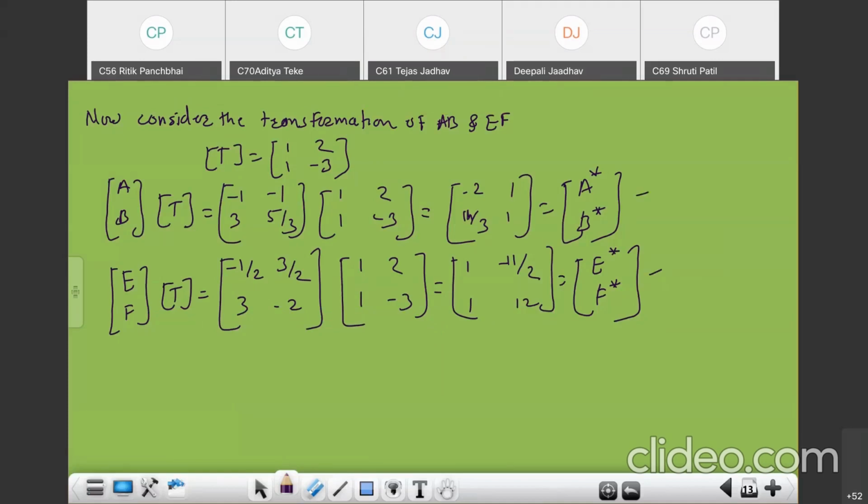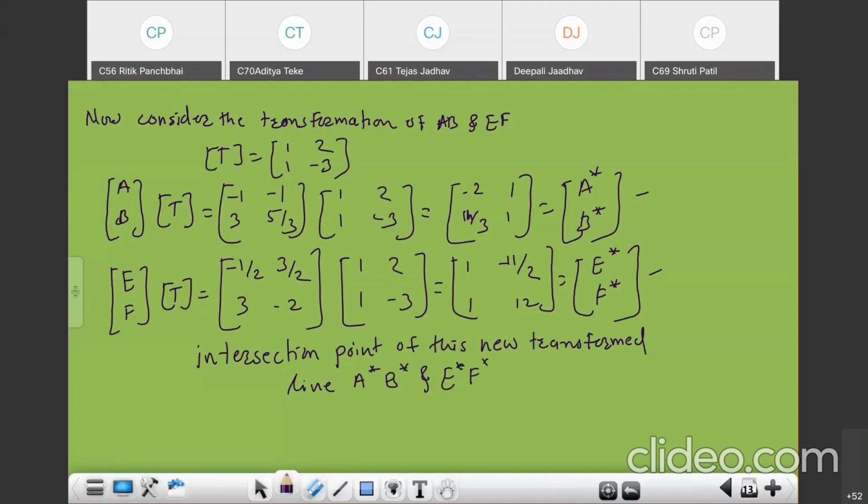After using all these, the intersection point of these new transformed lines A star, B star and E star, F star is 1, 1.